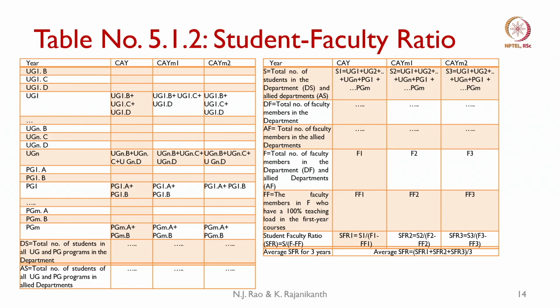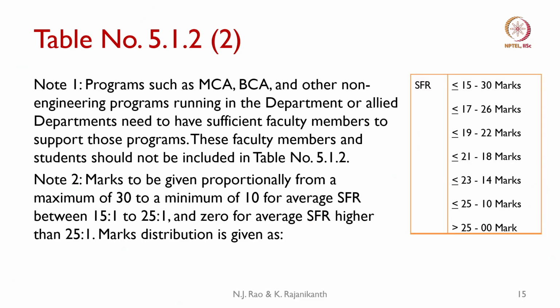For 3 years it is calculated, 3 academic years, and the average is taken, and that value is used, and that value becomes the basis for allocating the marks. And if it is less than or equal to 15, 30 marks. So that means that is the ideal student faculty ratio that you need to have. And then less than or equal to 17, then 26 marks.